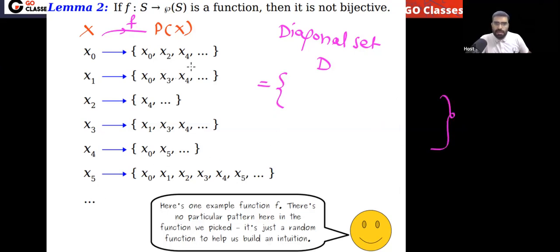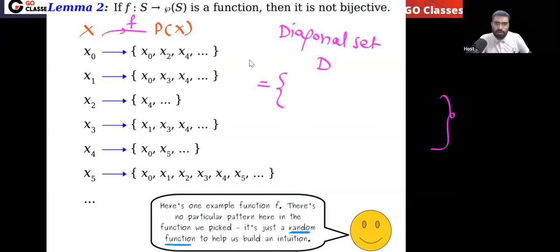If I take this supposed bijection, this random bijection, I will create some element which you did not cover in this F. So tell me, in this set D, will I put X0?